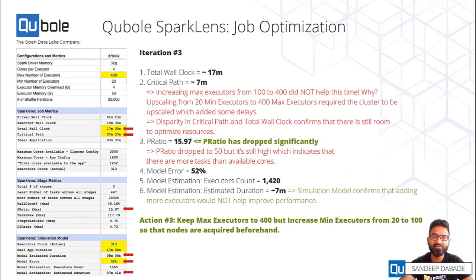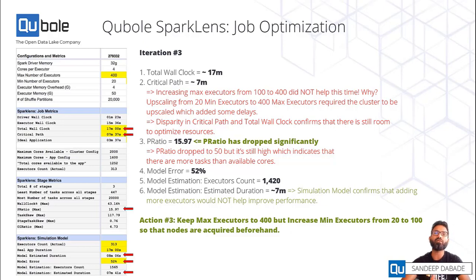Now in this iteration, where we changed the maximum executors from 100 to 400, we expected the job to complete a lot faster, but that didn't happen. In fact, the job ran a minute slower than the previous iteration, and it had to do with upscaling that added certain delays. So Qubole clusters are designed to save customers EC2 costs.